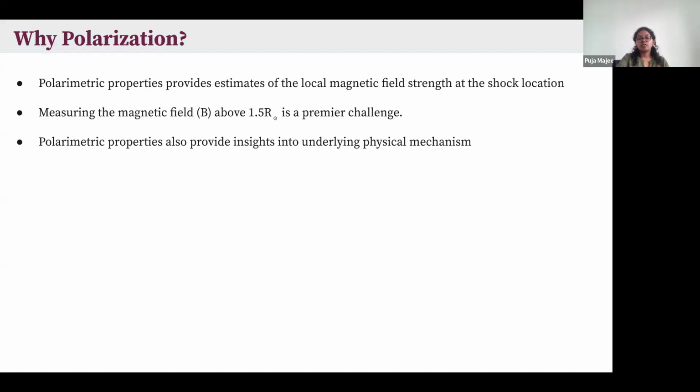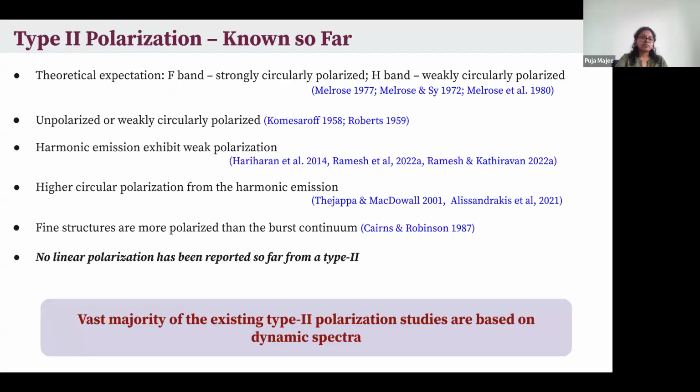Now, what do we know about these type 2 emissions? As I said, these are plasma emissions. So there are theoretical expectations which say that the fundamental emission is strongly circularly polarized and the harmonic emission is weakly circularly polarized. Whereas if you go through the literature, there is a diverse range of polarimetric properties reported for these type 2 emissions, starting from unpolarized, weakly polarized.